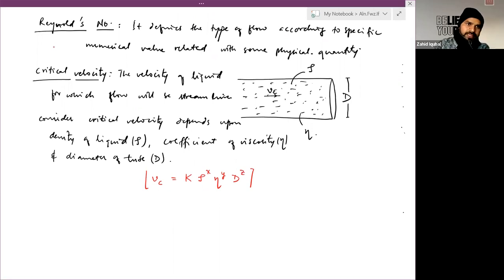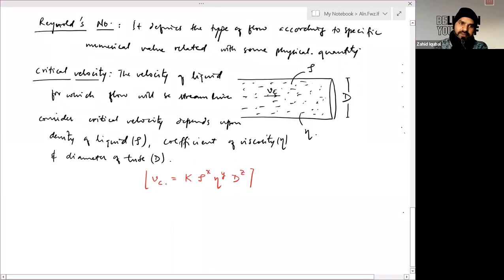According to dimensional analysis, write the dimension of the left-hand term and right-hand term and compare the exponent of each part. On the left-hand side, we have velocity, which has dimension M^0 L T^-1, equals k, the proportionality constant, which is a dimensionless quantity, neglected. Rho is density, mass divided by volume, raised to x.